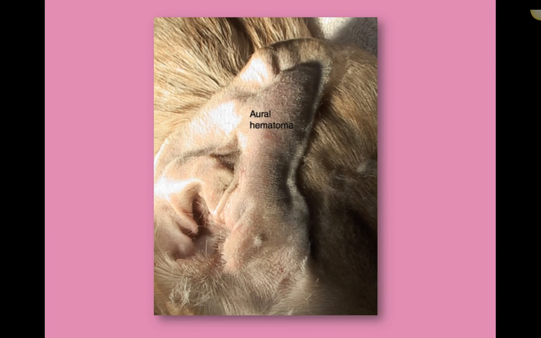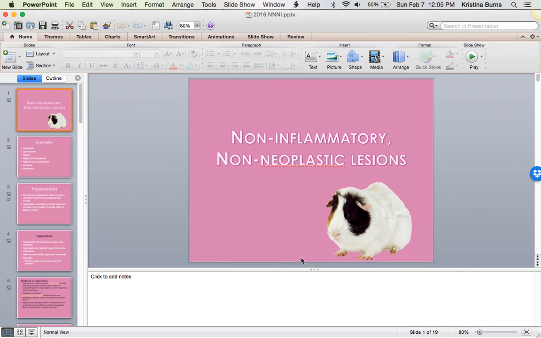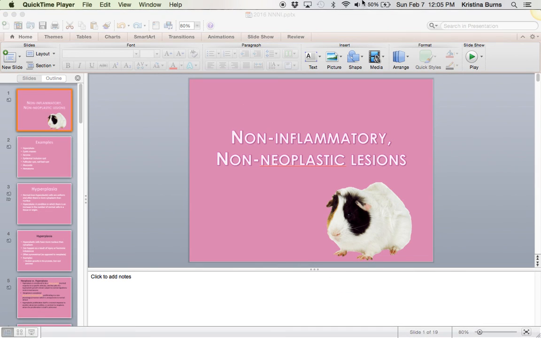The downfall with simply lancing the aural hematoma is, yes, it releases pressure and it releases the buildup of fluid. However, it will probably recur. If the skin is not tacked back down to the cartilage, then it can recur. And that is it for non-neoplastic, non-inflammatory.